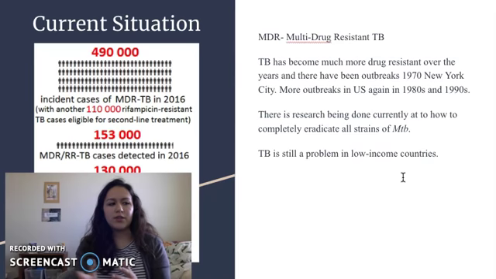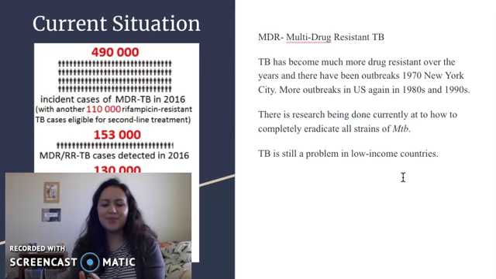But unfortunately, what that has done is that as soon as tuberculosis is less active in westernized countries, it's not addressed as a problem in low-income countries or in third world countries.